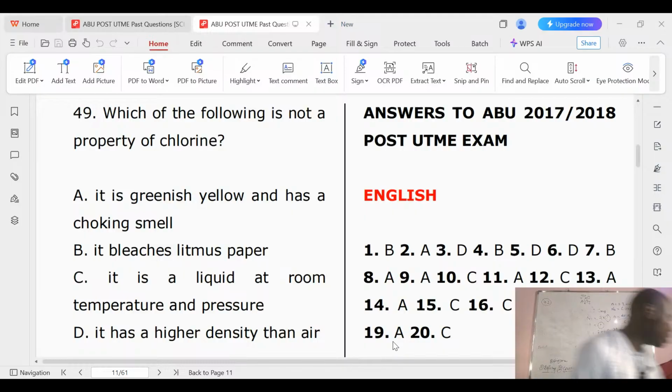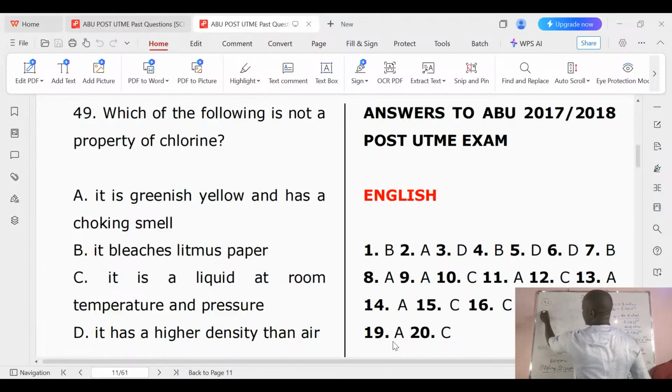So let's look at some of the properties of chlorine. First, chlorine is a non-metal. Chlorine is an element with atomic number 17, with electronic configuration 2, 8, 7, meaning that it is a non-metal, so it can accept an electron. That is what makes it a strong oxidizing agent.